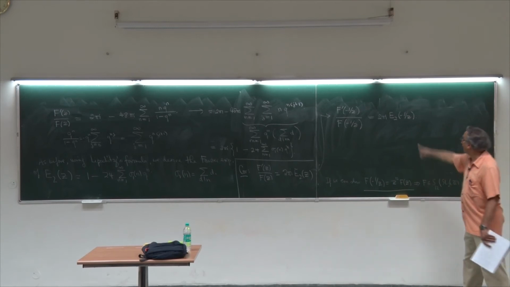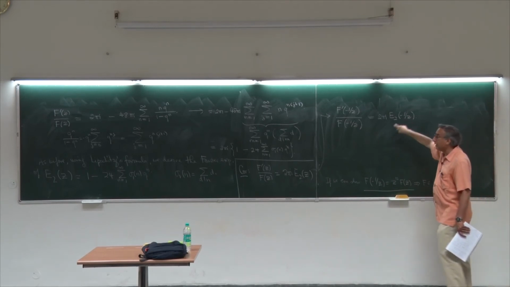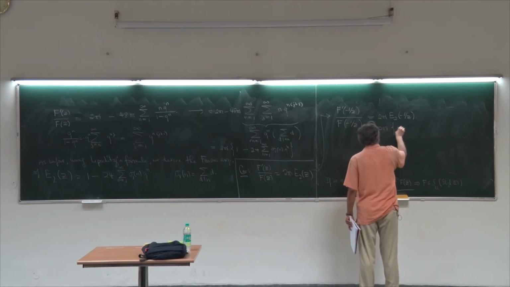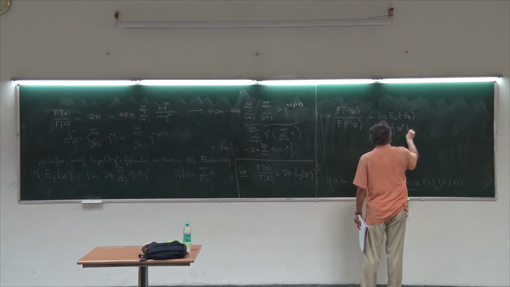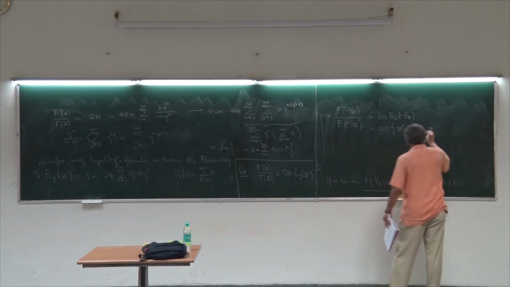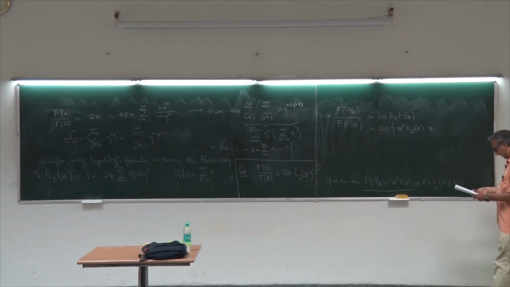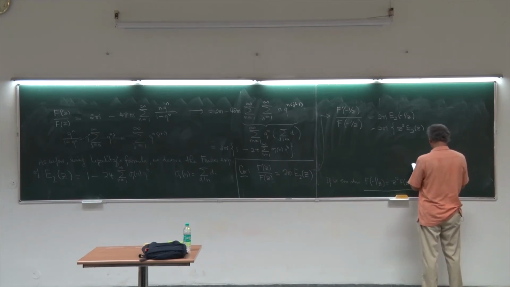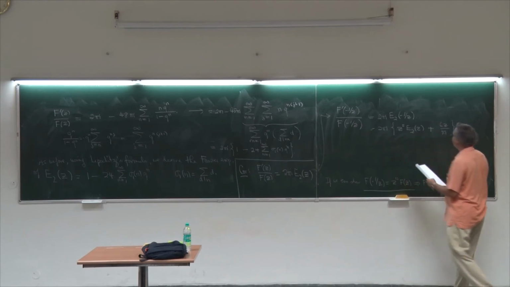You get that. But I know what this is. This is equal to 2 pi i times z squared E2 of z plus this fudge factor, which was 6 over pi i, whatever it was, 6z over pi i, from the previous calculation.